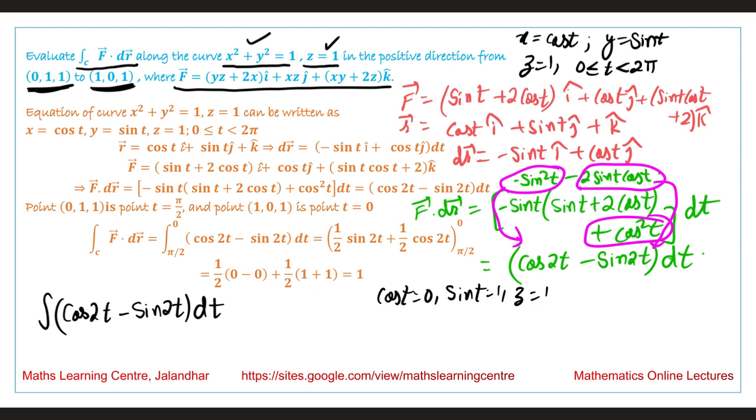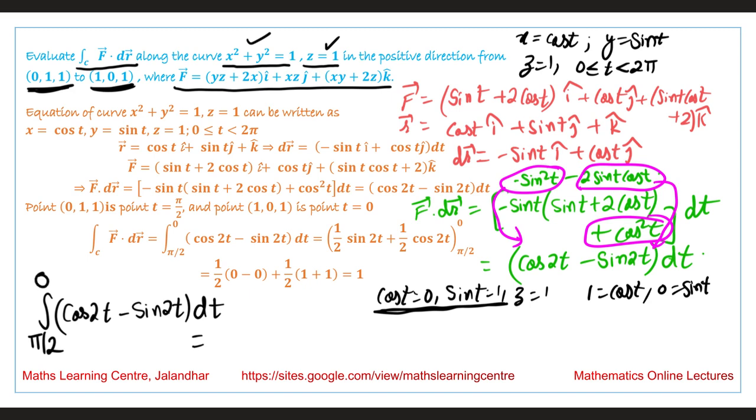So the value of t that we have is pi by 2. And from the point (1, 0, 1), we are saying 1 is equal to cos t and 0 is equal to sin t. So we are saying that t is varying from pi by 2 to 0.